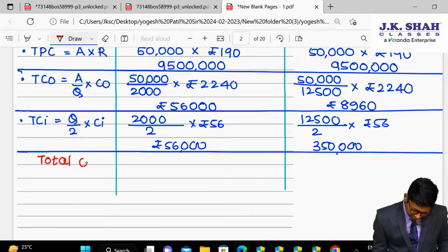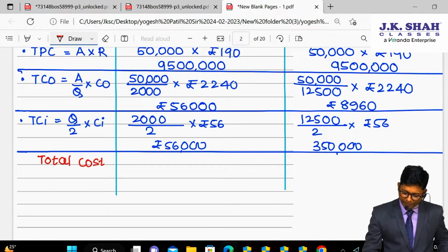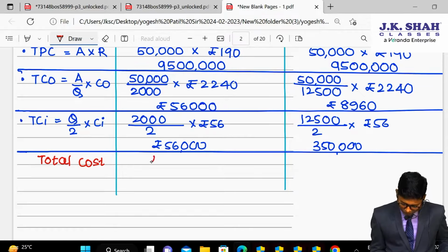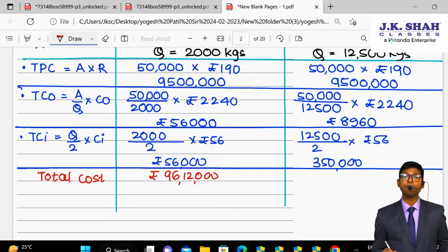And total material cost in the first case is 95 lakhs plus 56,000 plus 56,000 equals rupees 96 lakhs and 12,000. So this is the simple addition of all the costs. 96 lakhs 12,000 is my total material cost when EOQ is followed.